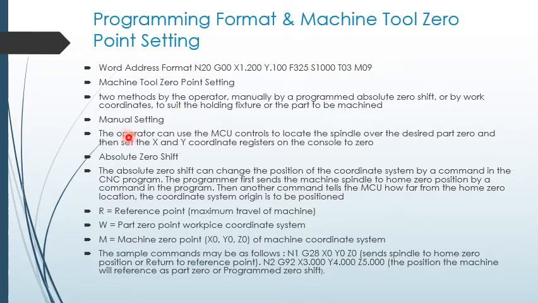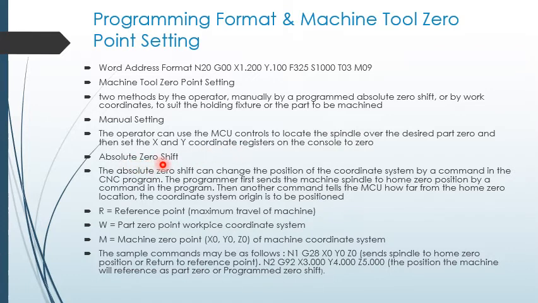In manual setting, the operator can use the machine control unit to locate the spindle over the desired part zero and then set the X and Y coordinate registers on the console to 0. So it is completely done manually by the operator, who locates the spindle using the control panel.